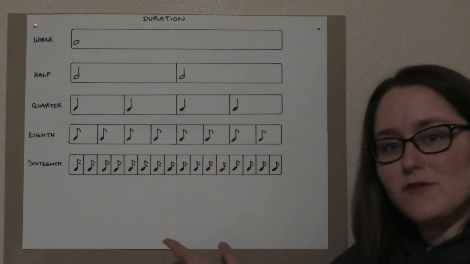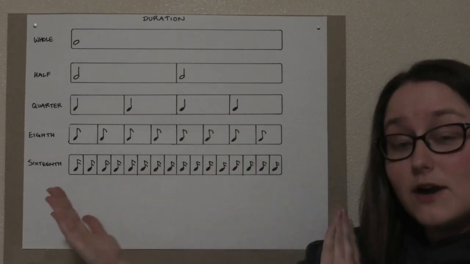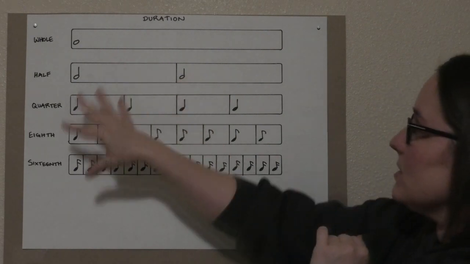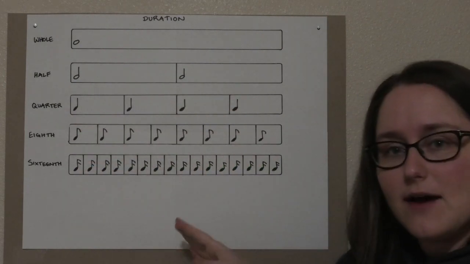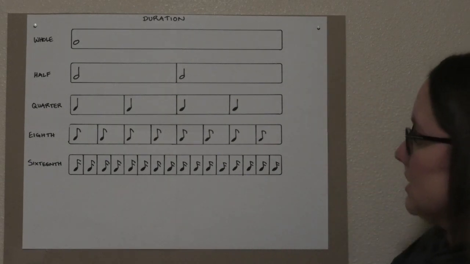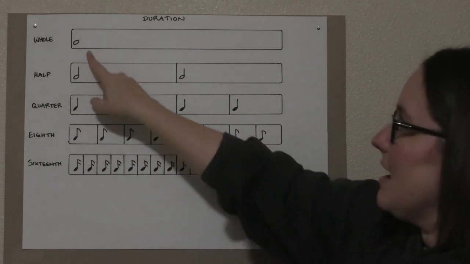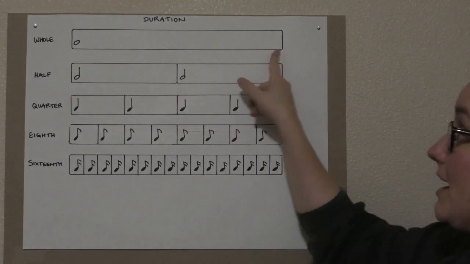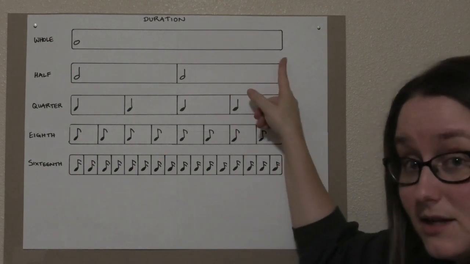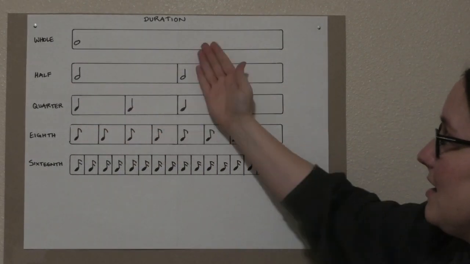So some people prefer this type of visual because it actually kind of shows length for how long a sound is supposed to last. This one has just notes on it. It doesn't have the rests along, although I suppose I could write them in along the side as we go. Why not? I think I have a blue. Yeah, there's a different color that'll stand out. So we have our whole note, which lasts however many beats, and it changes as we've established, your half notes are going to last half as long.